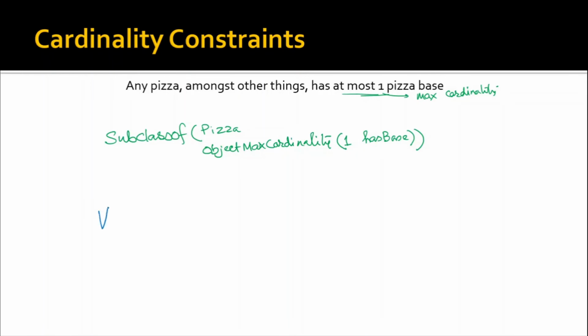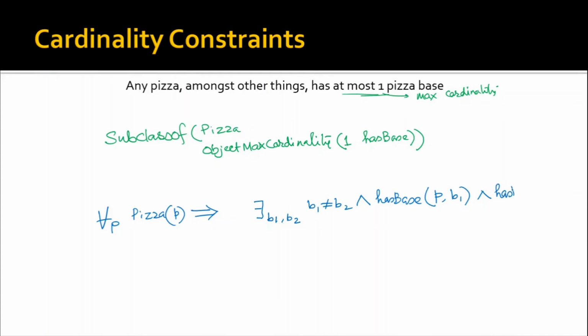So for all p, if p is a pizza, then we'll again model this by assuming that it has 2 pizza bases, b1 and b2, and b1 not equal to b2, and has base p b1 and has base p b2, and this should not happen.